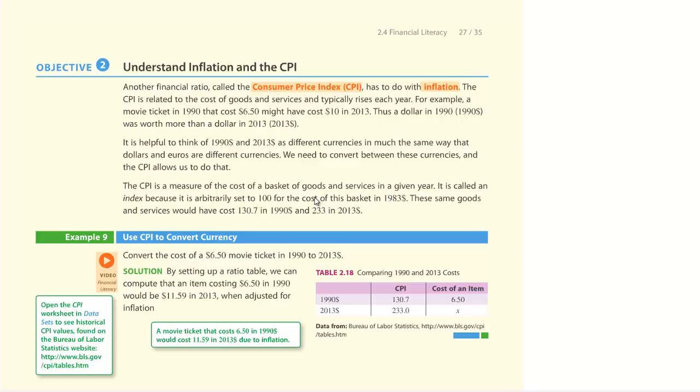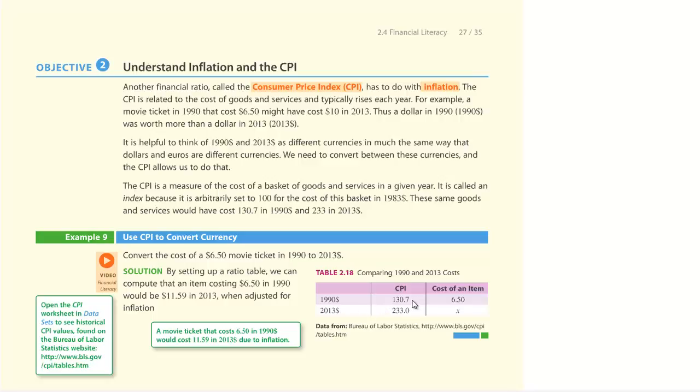Different CPI settings, like people like to have CPIs set to 1980 or 1990, 2000. This one's 1983. So basically we're considering a dollar in 1990 as being a completely different currency from one in 2013, because it really is worth a different amount in both of those 2 years, kind of like when we converted between dollars and euros.